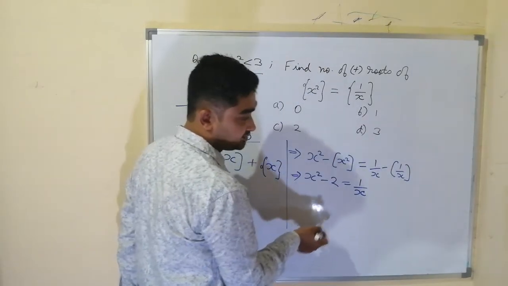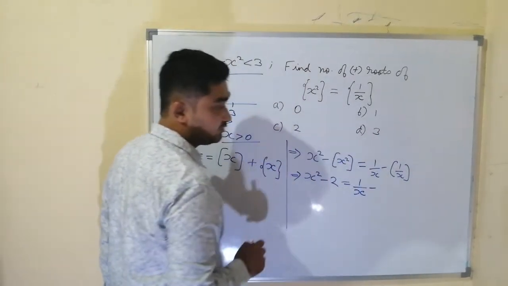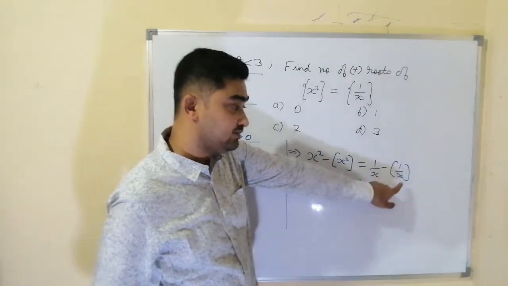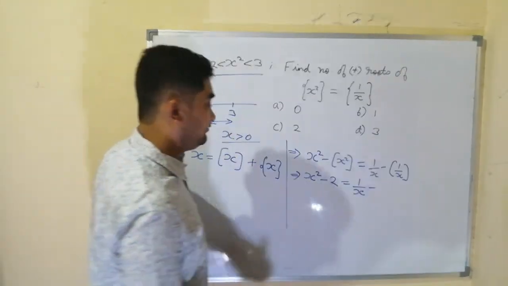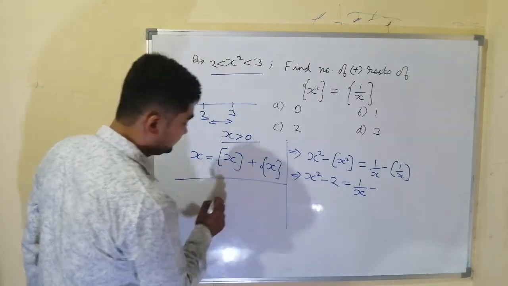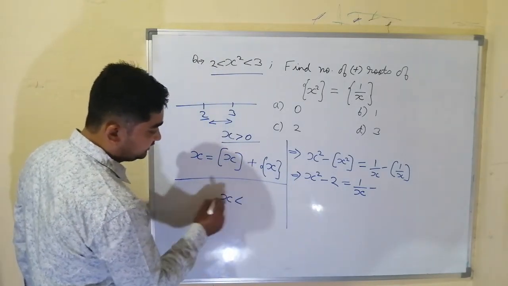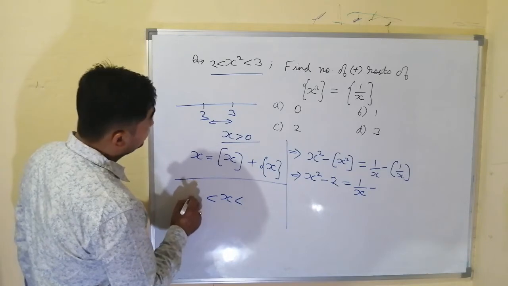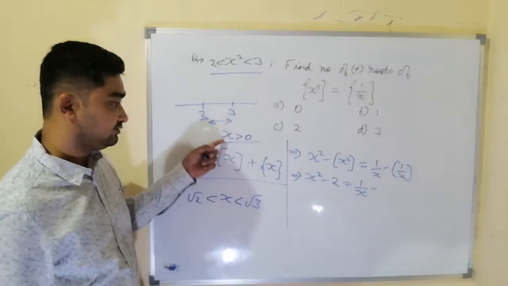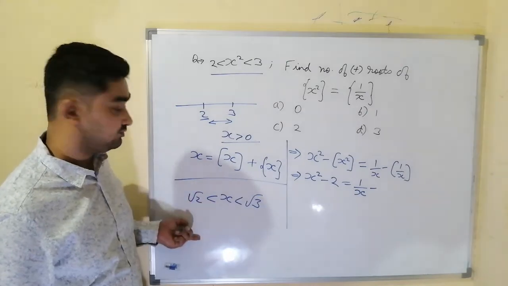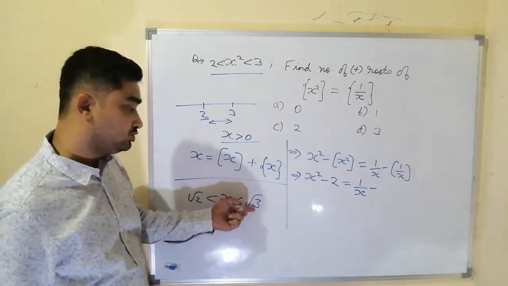1 by x as it is, minus, we have to find the integral part of 1 by x. If x square is between 2 to 3, then x will be between root 2 to root 3, because we know x is positive. So no need to take the negative. x is between root 2 to root 3.